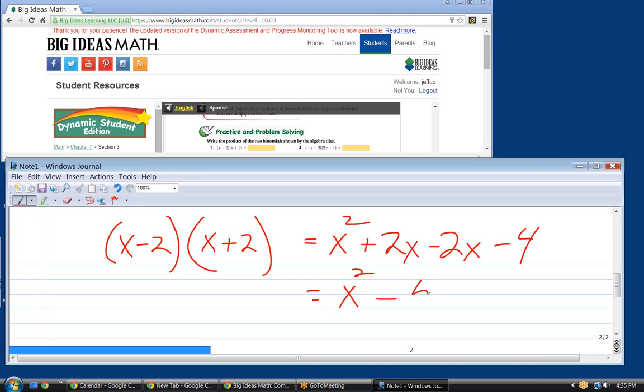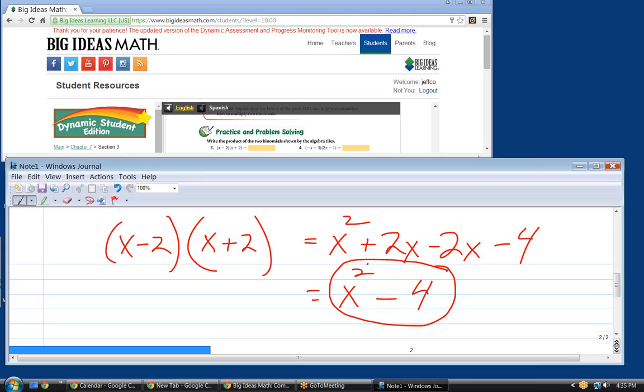All right. Now, notice one thing here, and I might be getting a little ahead, but you're going to get to this at some point. That right there is called the difference of perfect squares. Can you see why it's called that?